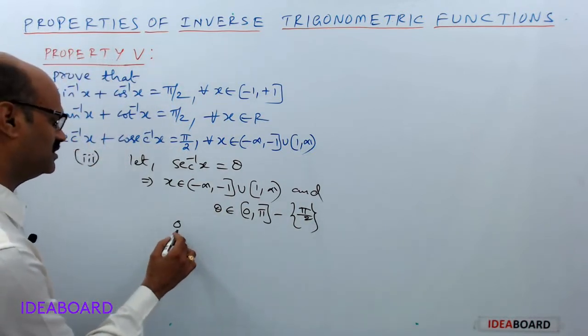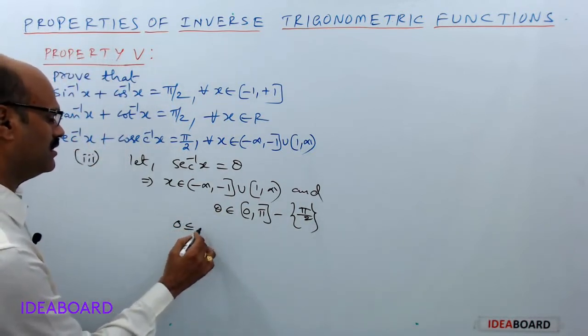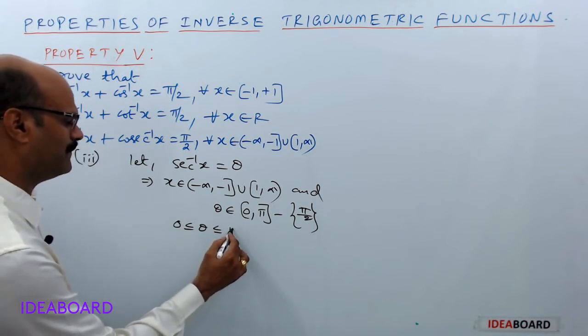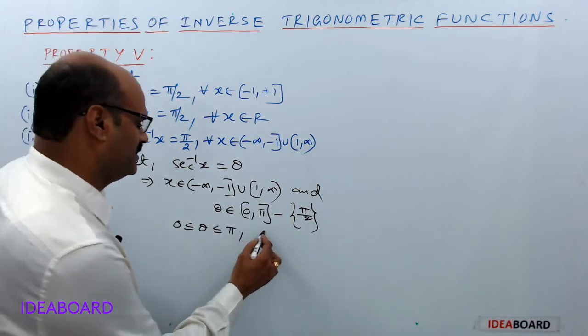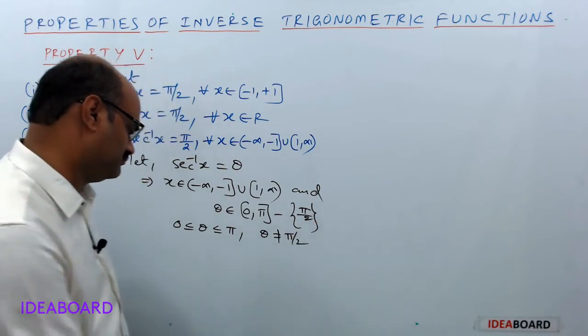Therefore here we have 0 less than or equal to theta less than or equal to pi, where theta is not equal to pi by 2.